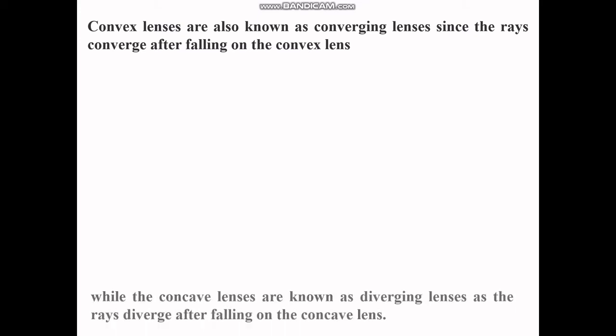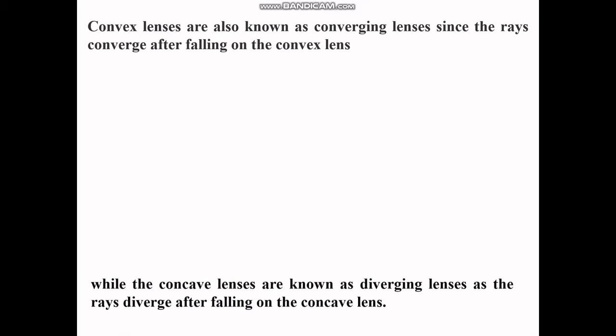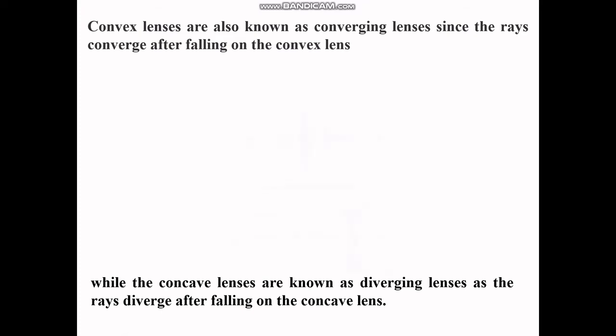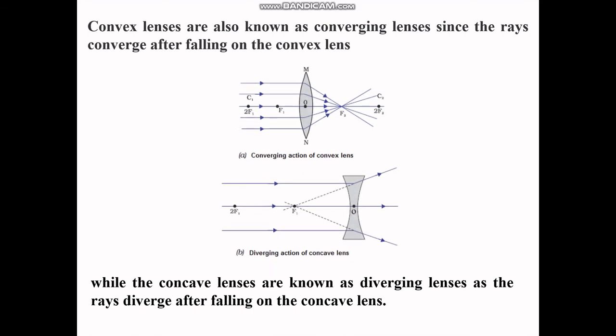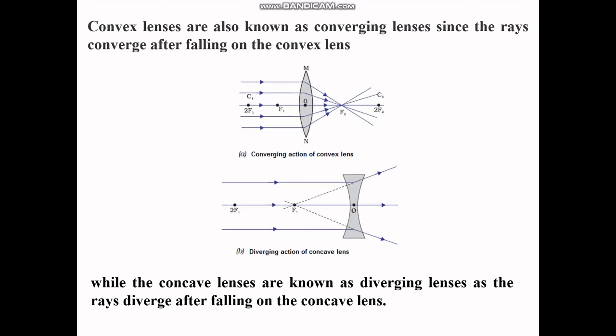Now, convex lenses are also known as converging lenses, since the rays converge after falling on the convex lens. Whereas concave lenses are also known as diverging lenses, as the rays diverge after falling on the concave lens. Now, in the first diagram, you can see the converging action of the convex lens.